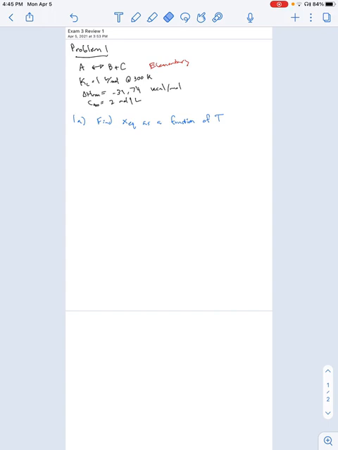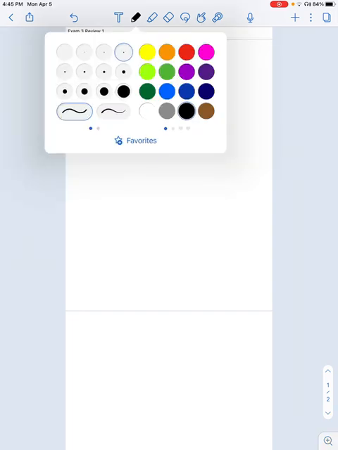I don't know if that's mentioned, but I assume it's elementary if it's given like this and it's not explicitly stated. So to start off, it's asking us to find X equilibrium as a function of T. So the first thing we need to do is find the equilibrium constant as a function of T.